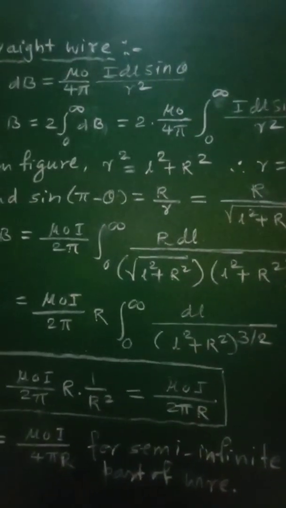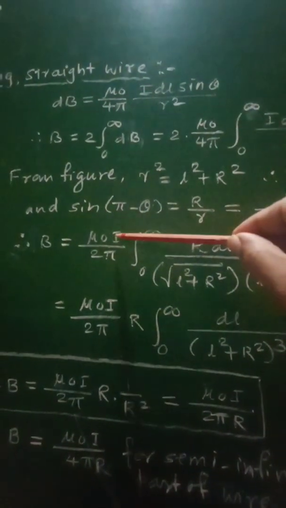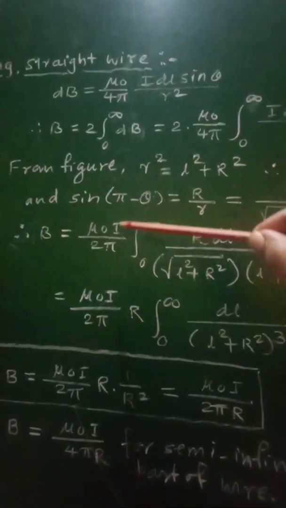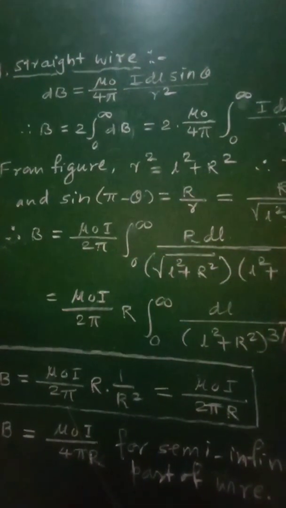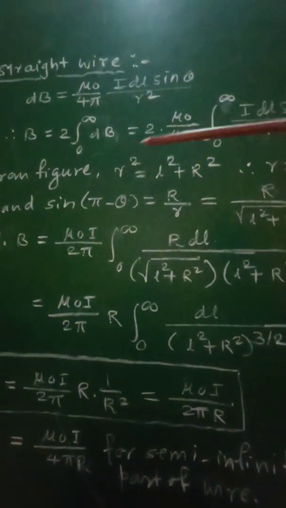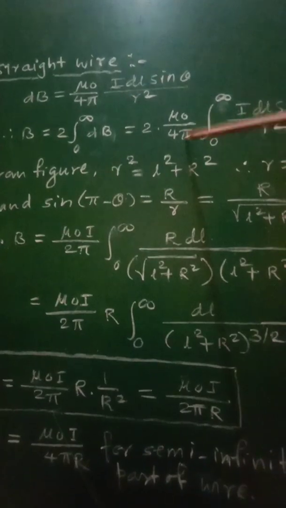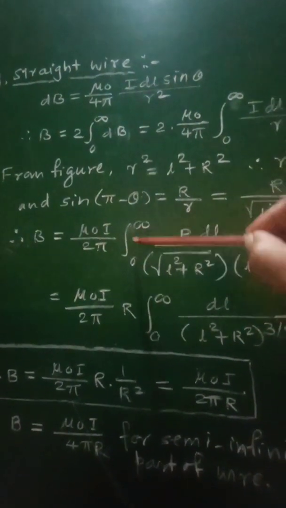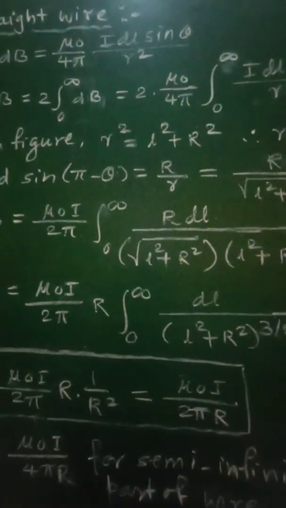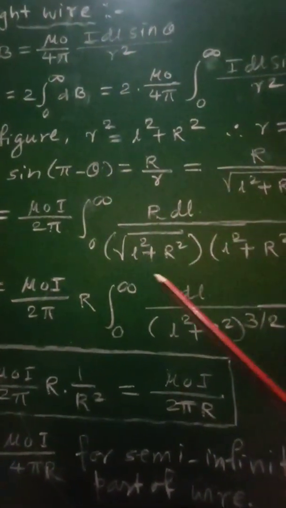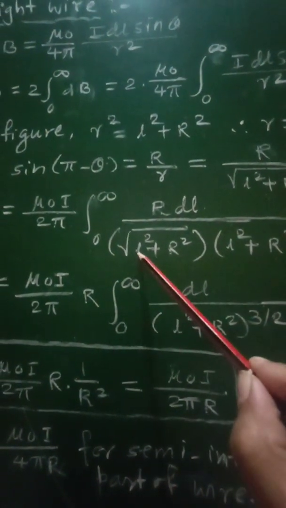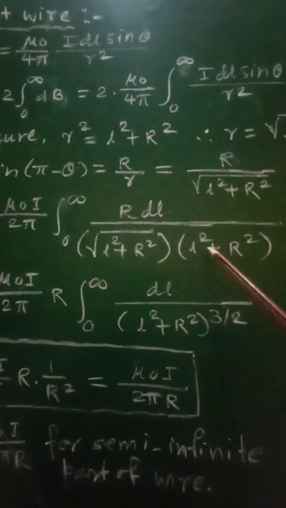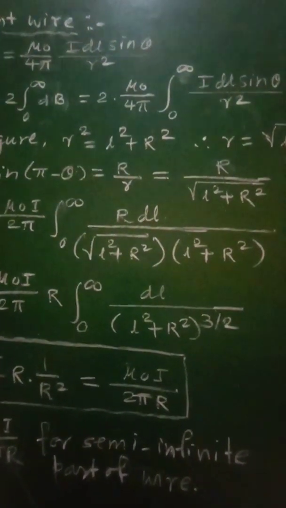If we put that value in this relation, then we will get B equal to mu 0 I upon 2 pi, because here 2 twos are 4, so 2 pi we will get. Therefore mu 0 I upon 2 pi integration 0 to infinity R dl upon square root of L square plus R square into L square plus R square.